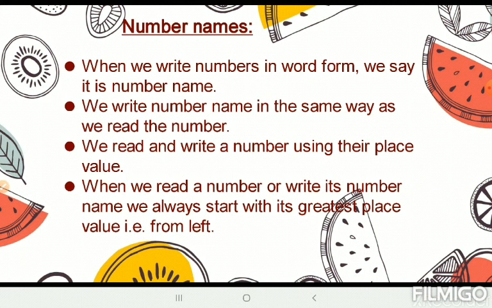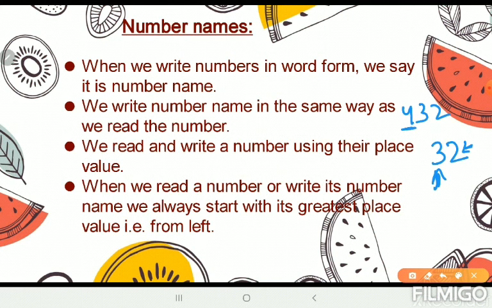If I give you this number and I tell you to read it, you will always start from left, never from the other end. You will read it as 32. If I give you another number, this is the greatest place value, isn't it? And it is to the left, so you always read it as 432.